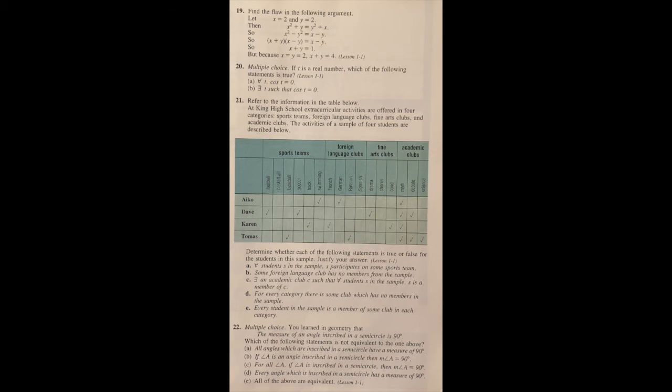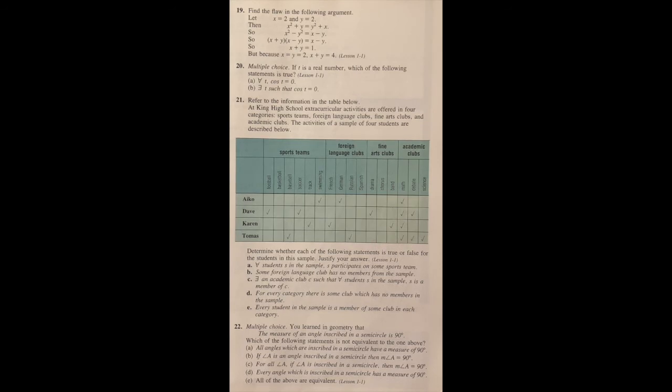Actually, there's more than one. The cosine is equal to 0 when t is pi over 2. For number 20, you only have to come up with one counterexample in order to prove that a universal statement is not true, or in the case of B, in order to show that there exists something, you only have to come up with one.